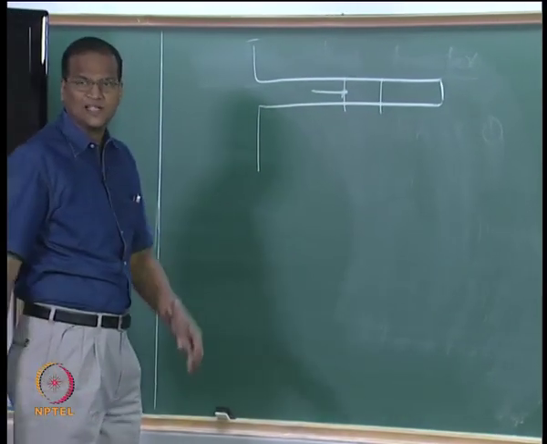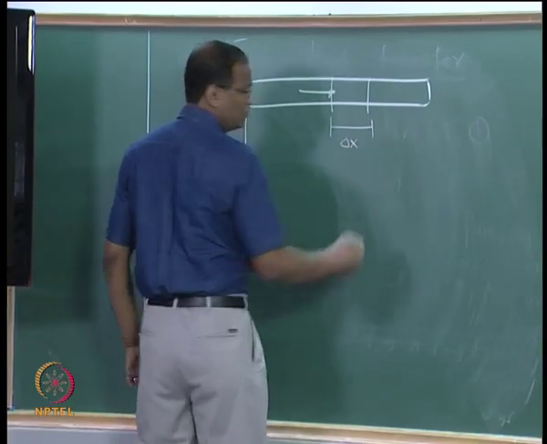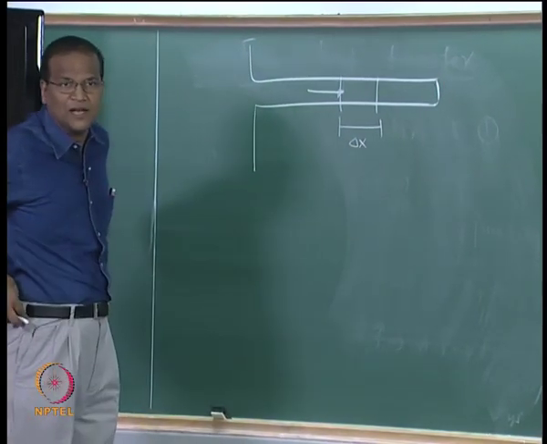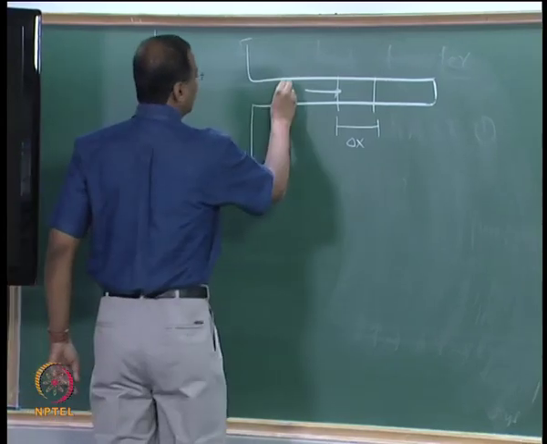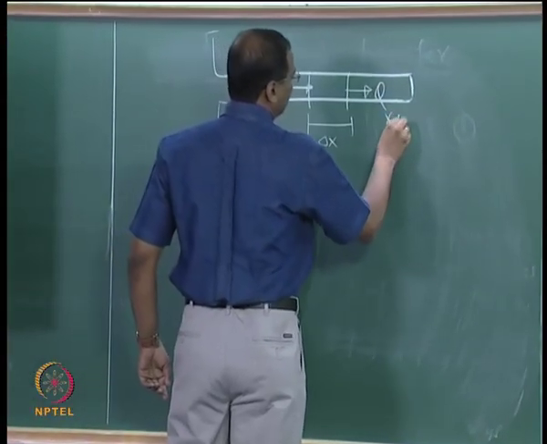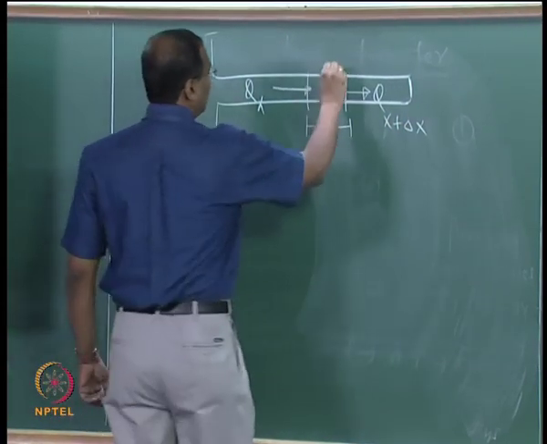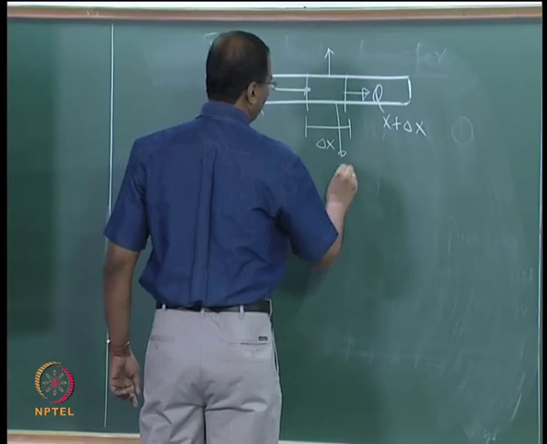Now let us take an elemental slice which has a length of delta x. So Qx is the heat which is entering here, this is Qx plus delta x, and from both sides I have Q convection.